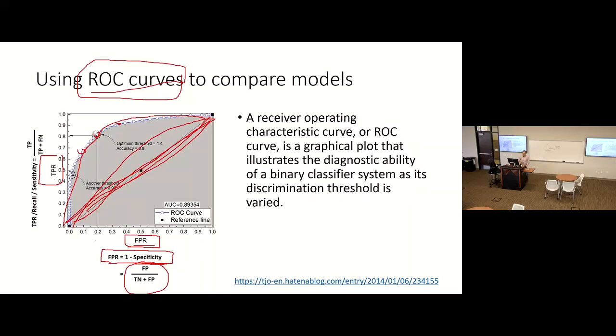So you don't want your model's curve close to this diagonal line, because the area under the curve is too small. You want to report the area under the curve as large as possible. Your model is sensitive enough, close to this side, and also specific enough, in order to give you this large area under the curve. All right, so this is how to read an ROC curve.